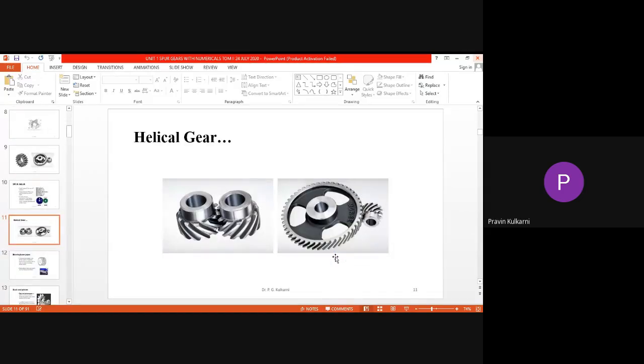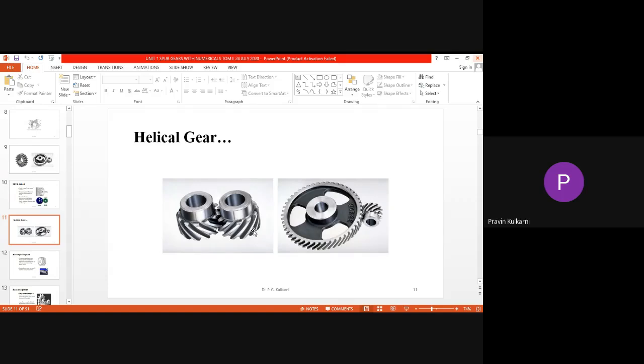In case of helical gear, LH engages with RH. We can identify end of the helix. This one is RH, this one is LH. In case of helical gears, initially the contact is in a point, finally disengagement also in a point, and gradually there is increase in the contact.